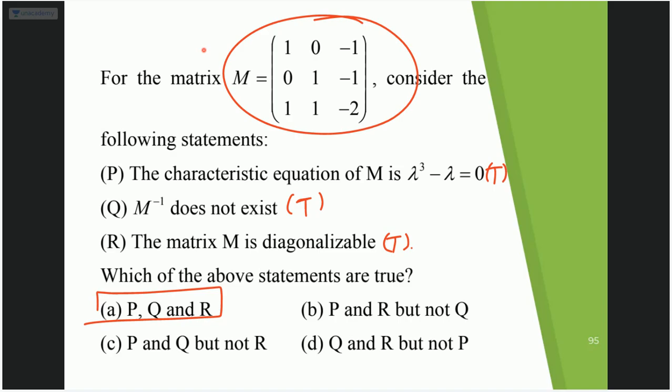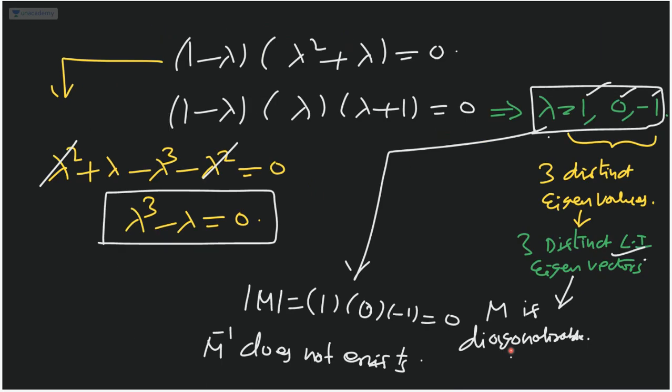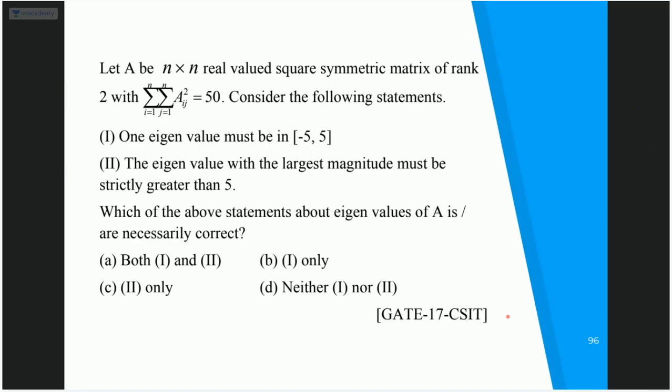If you have repeated eigenvalues, you have to check free variables. Free variables give you an idea about independent eigenvectors. Concentrate here. Shall I continue?